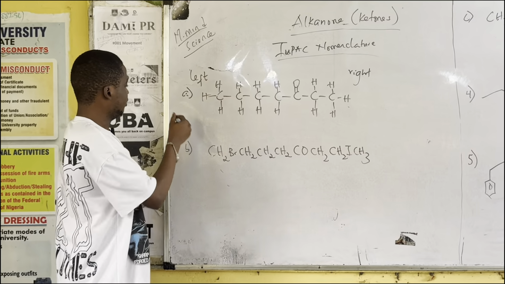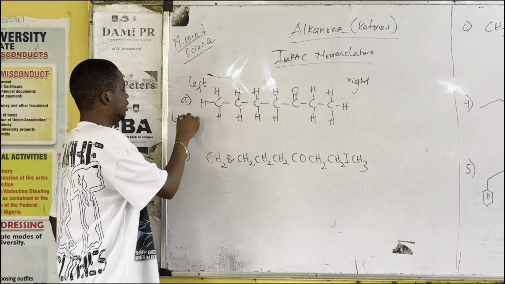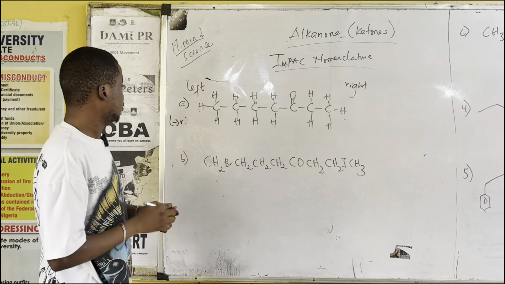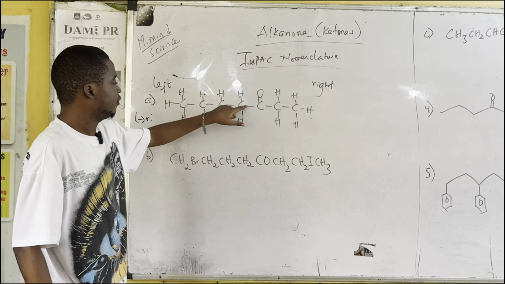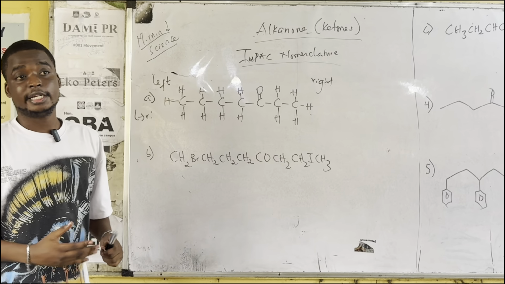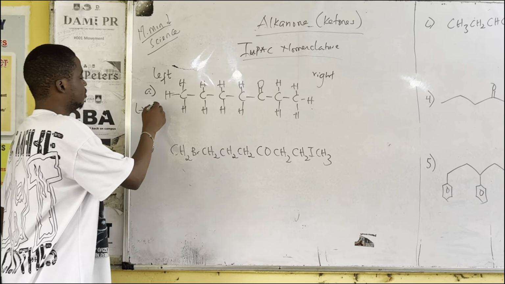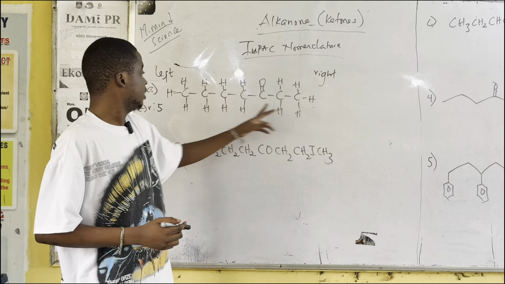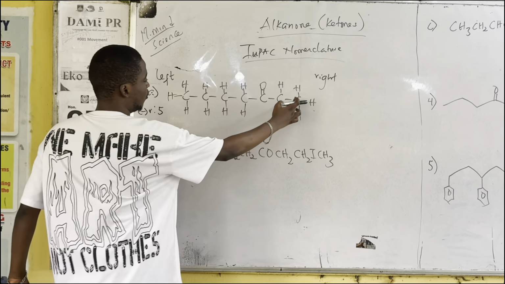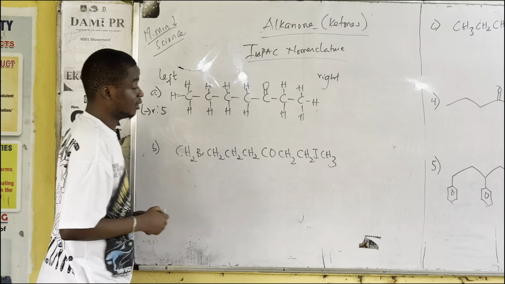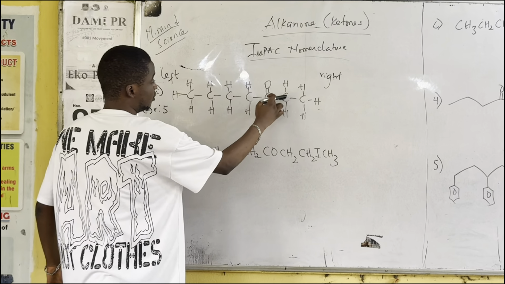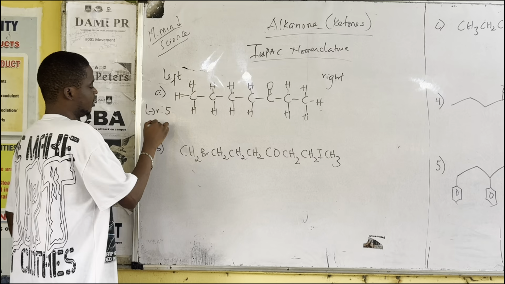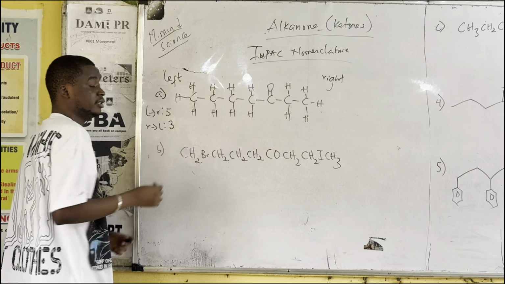Let's count: 1, 2, 3, 4, 5. The carbonyl carbon takes number 5 from left to right. Now, from right to left, let's count: 1, 2, 3. It takes number 3. Count again: 1, 2, 3. So from right to left, it takes number 3.